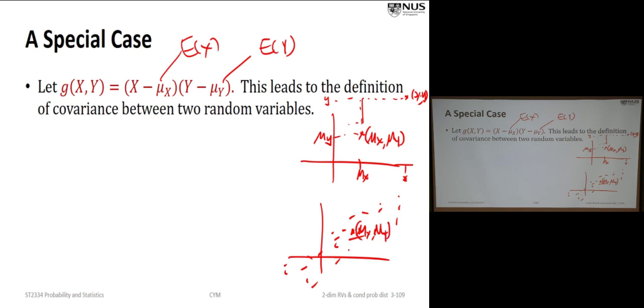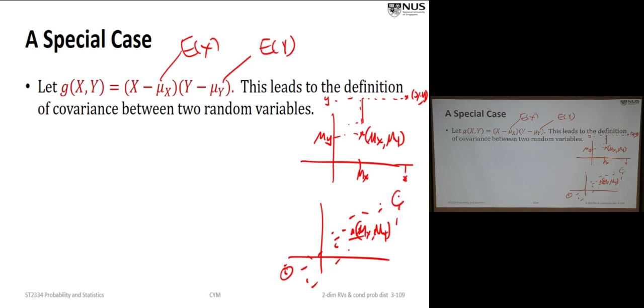You can see that, for example, this point that I just circled is less than mu x for the x coordinate. At the same time, the y value of that point is also less than mu y. So the product of x minus mu x times y minus mu y will be positive.